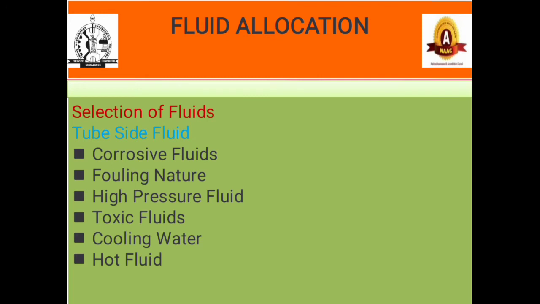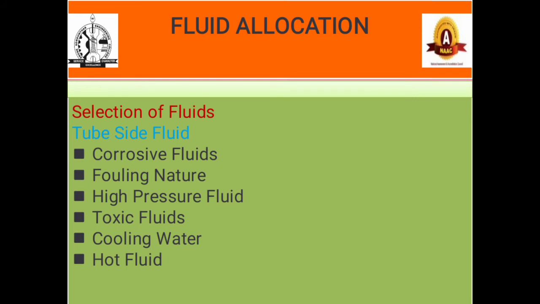The next, fluid allocation. What are the parameters to be considered while you are allocating a fluid to the shell side or tube side? When you are selecting the fluid for tube side, the corrosive fluids must be given preference to tube side, because if the fluids are corrosive, they may corrode the tubes.